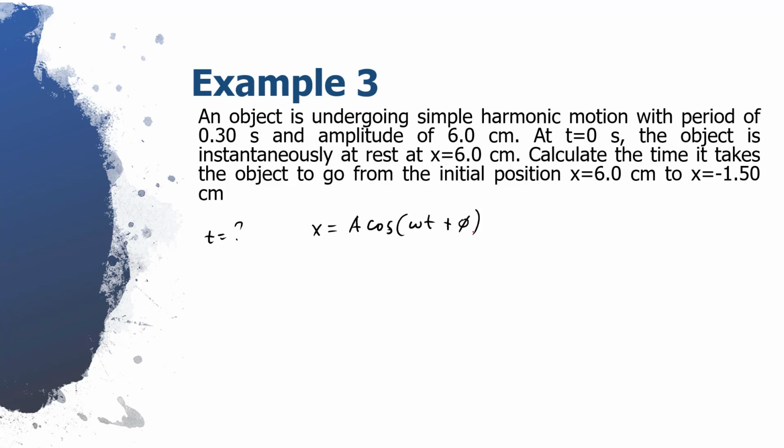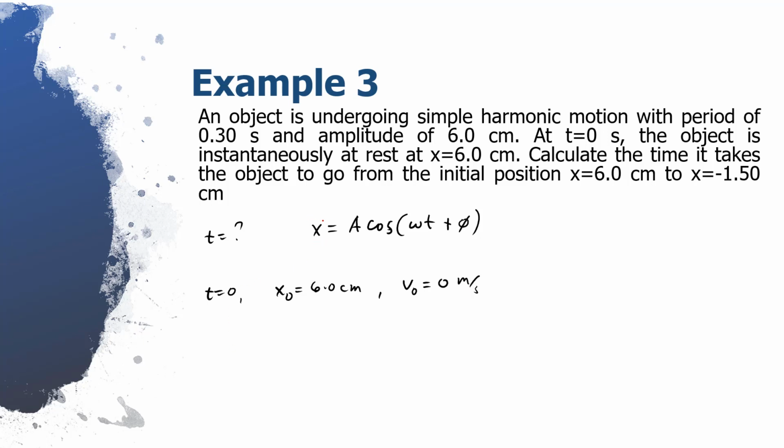Given are the initial conditions at time equals 0: the initial position is 6.0 centimeters and the initial velocity is equal to 0 meters per second, because the object is instantaneously at rest at time equals 0.